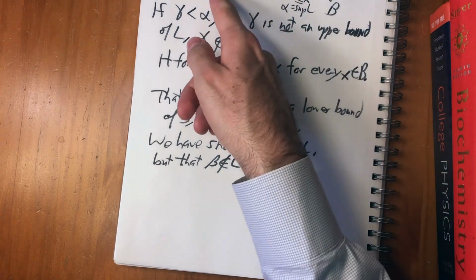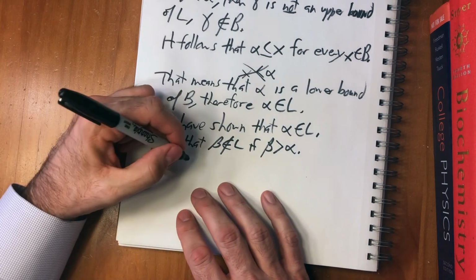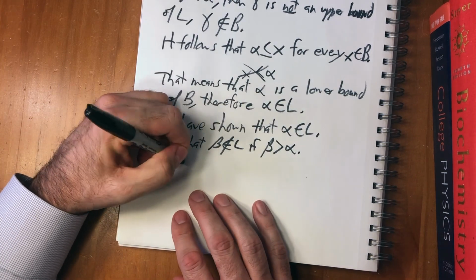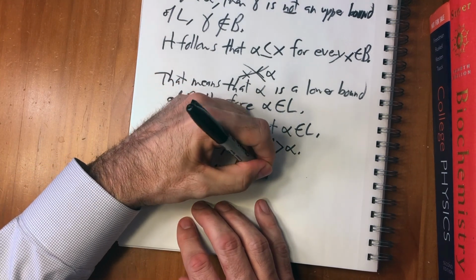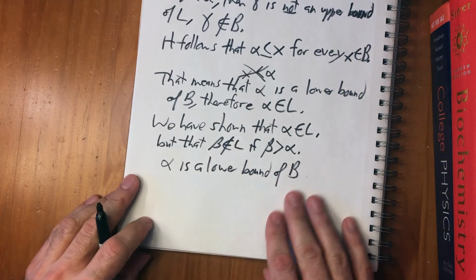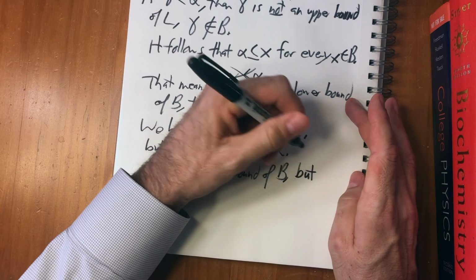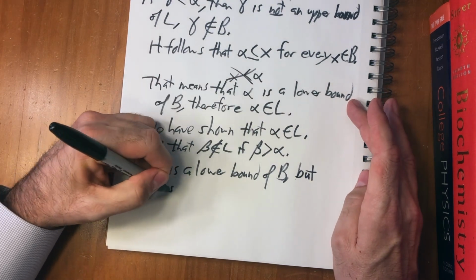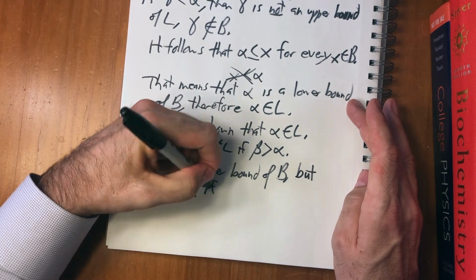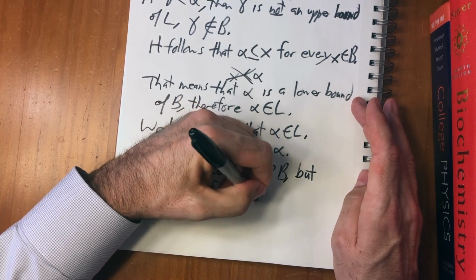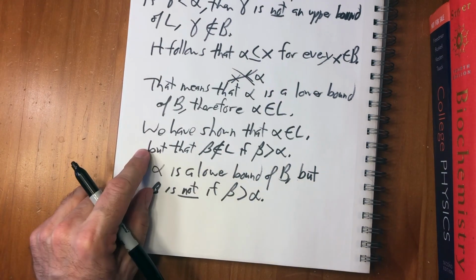So if beta is over here, it can't be in L. So what we've shown here is that alpha is a lower bound of B, but beta is not if beta is greater than alpha, because it's not in L, and L is all the lower bounds.